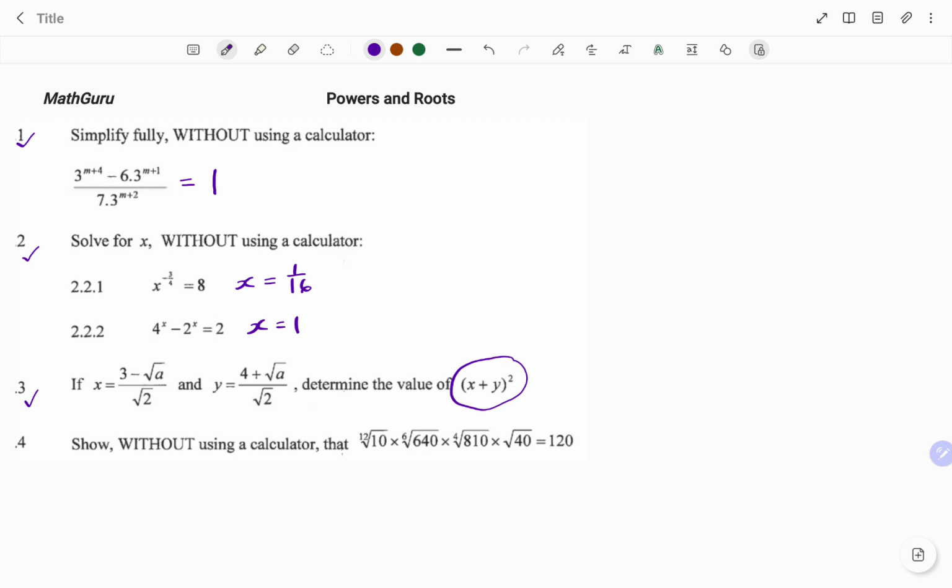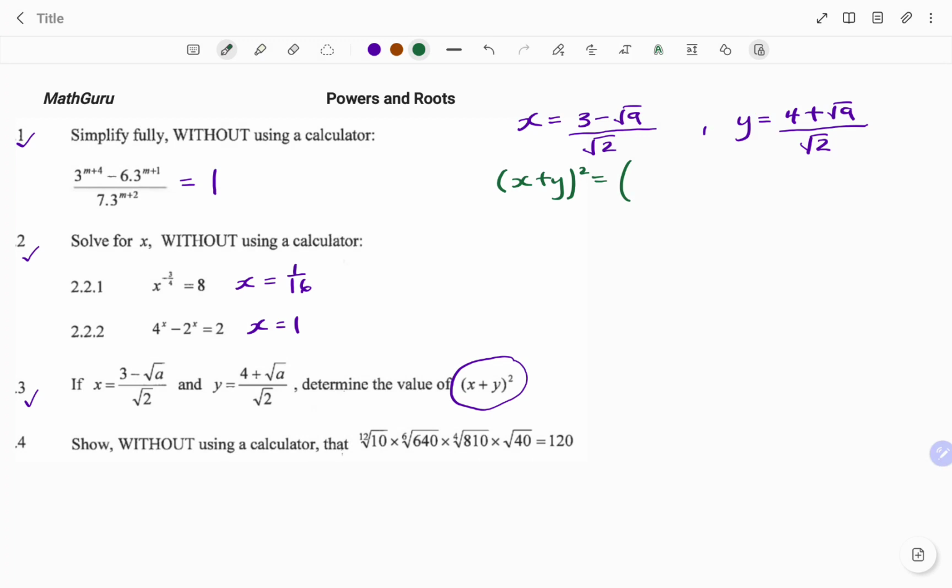So, by substituting, I have x equals 3 minus root a over root 2, and I have y equals 4 plus root a over root 2. Therefore, to find the value of x plus y to the power of 2, I'm going to substitute.